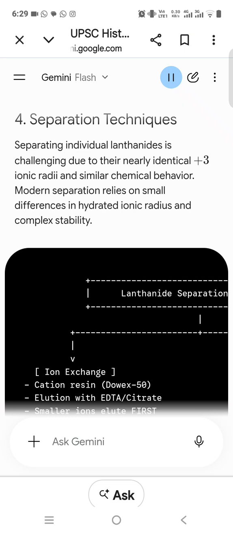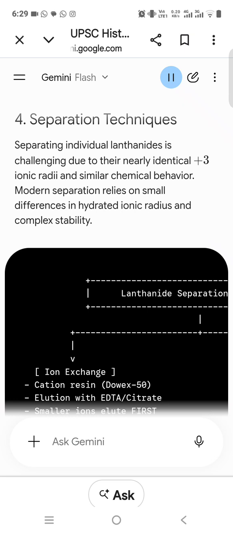Modern separation relies on small differences in hydrated ionic radius and complex stability. A. Ion exchange chromatography. A mixture of Ln³⁺ ions is loaded onto a cation exchange resin bed, resin-H⁺ or resin-NH₄⁺.